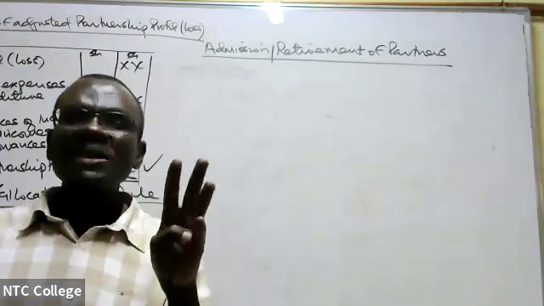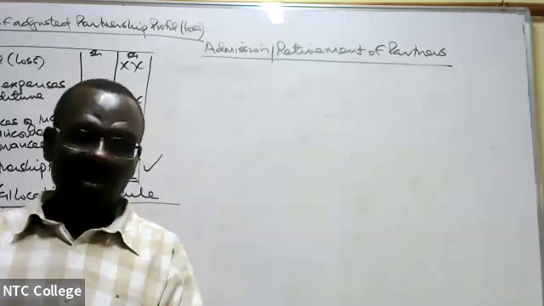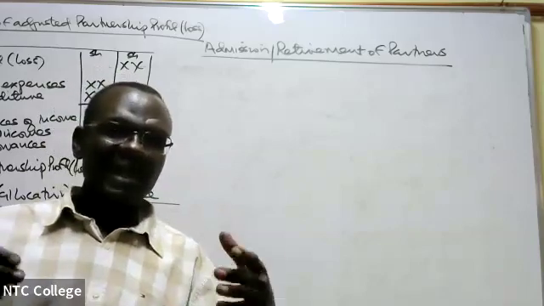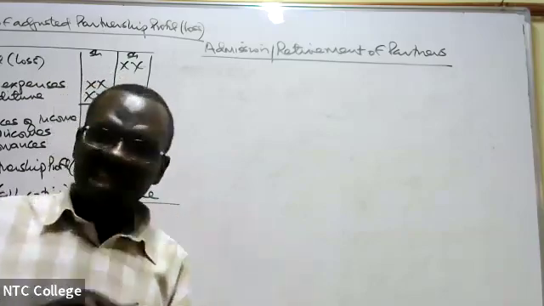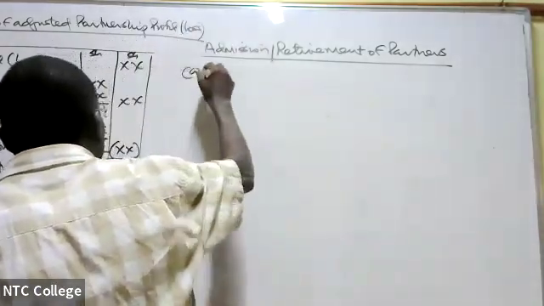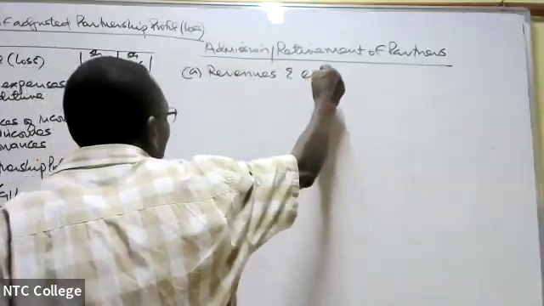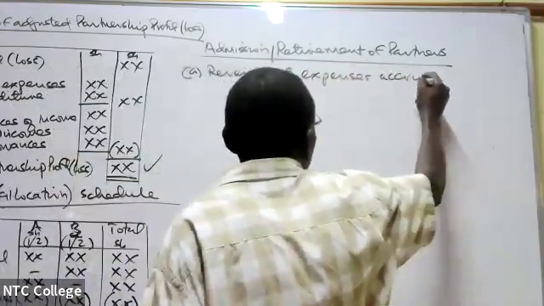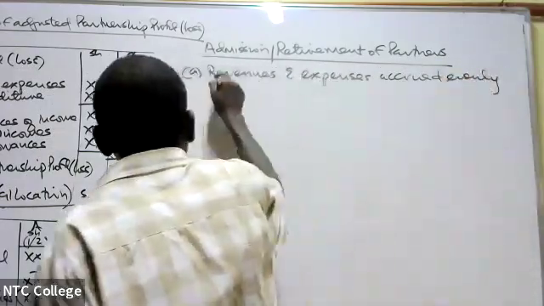Now, there can only be two alternatives. Alternative A, if the examiner says all profits and losses, or all revenues and expenses, accrued evenly throughout the year.